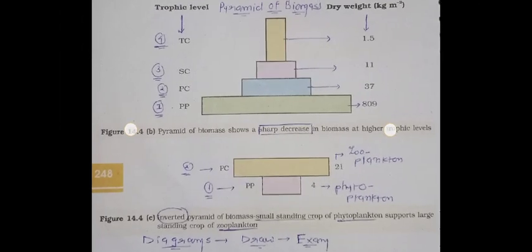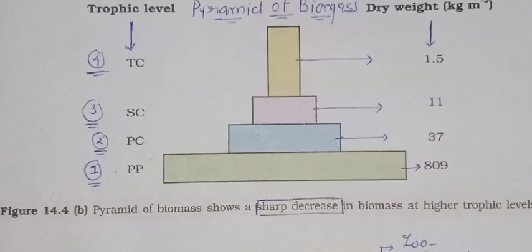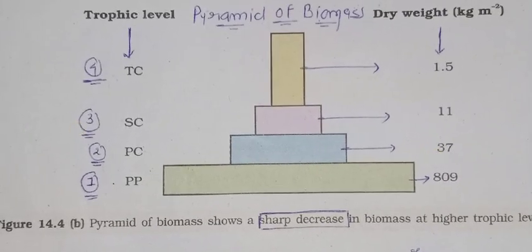Okay, now see the second diagram. If we talk about the pyramid of biomass, see left side 1, 2, 3 and 4. So these are the numbers connected with the trophic levels. It indicates the first trophic level, second trophic level, third trophic level and fourth trophic level. The first trophic level is connected with PP, means primary producers.